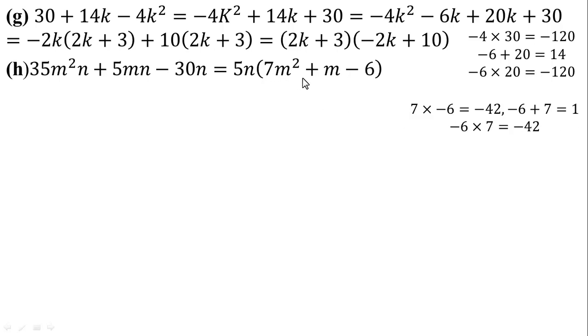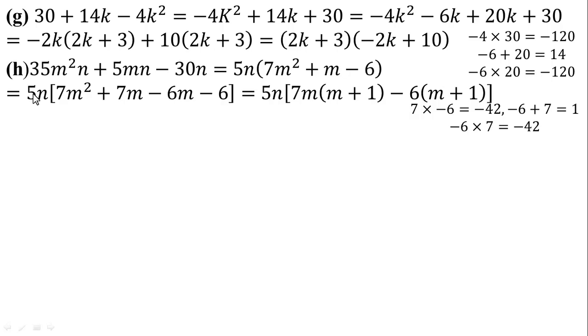So we have mid-term breaking of 1 into 2 parts, then we write 5n into 7m² plus 7m minus 6m minus 6. Now 7 and m in both values are common, then 7m into m plus 1. Minus 6 is also common, minus 6 into m plus 1.